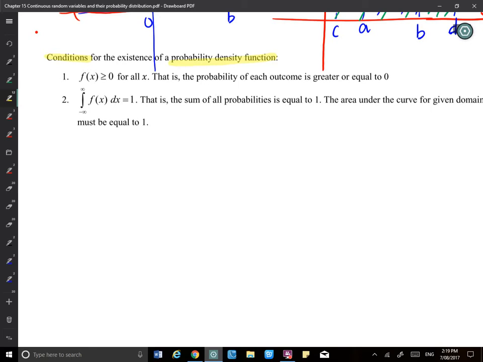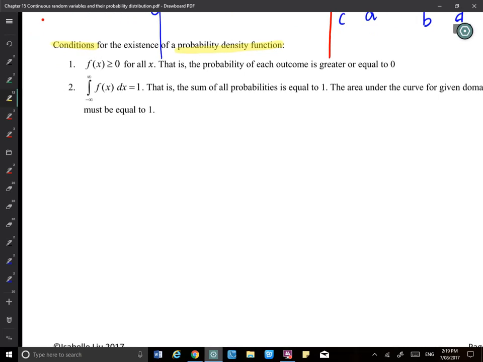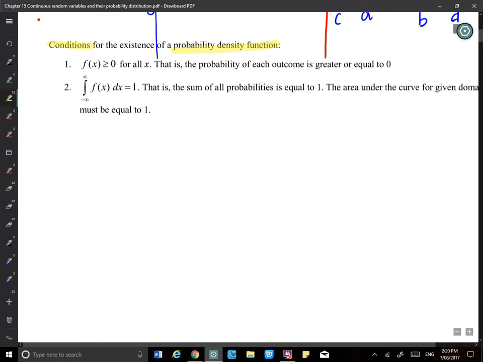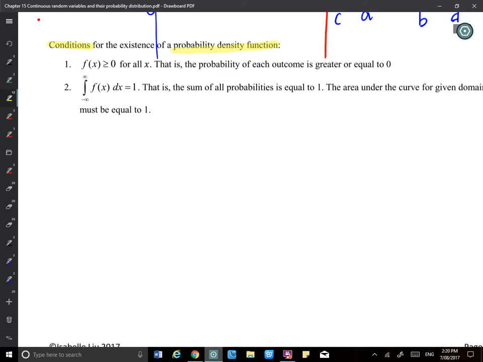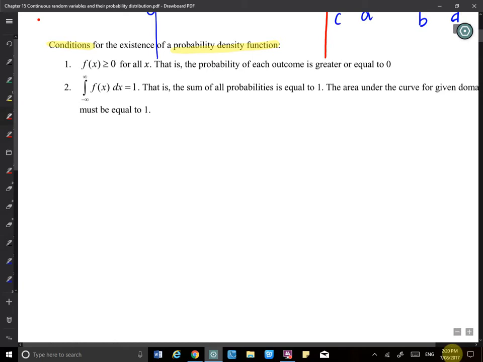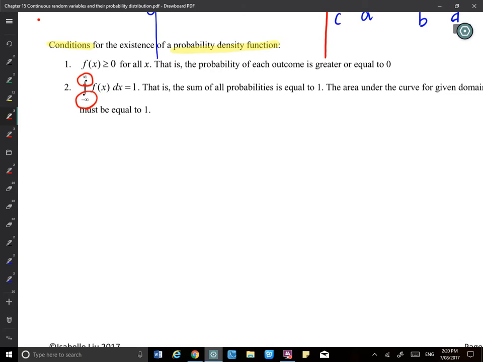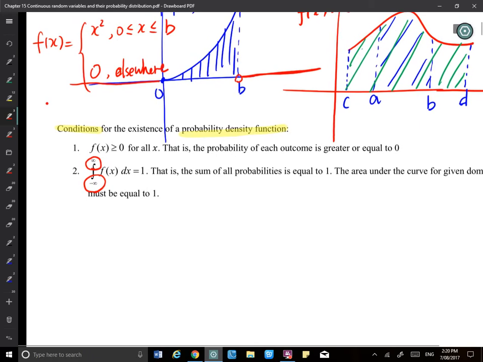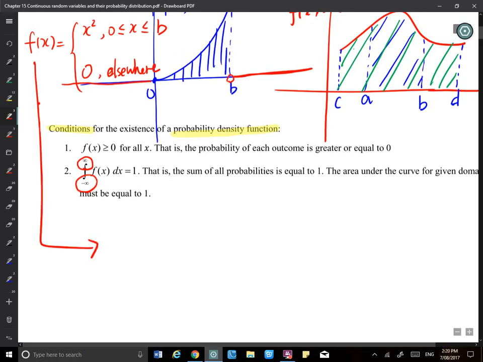Condition number 2: you want to integrate the function and show that you get an area of 1. Be aware of the notation. I have positive infinity and negative infinity here, but the integral is not going to be over negative infinity to positive infinity as a single piece. Why? Let's use the example above to show number 2.